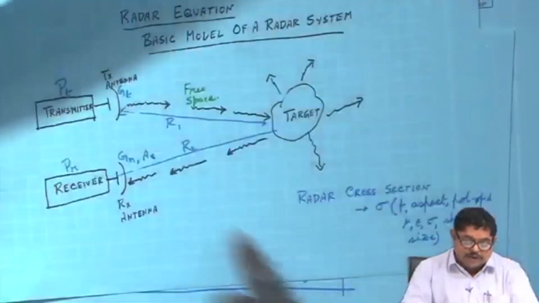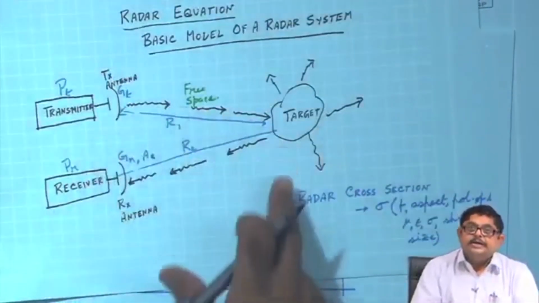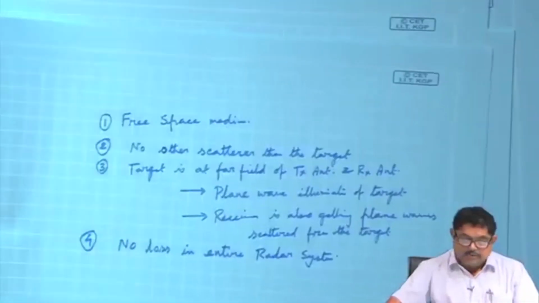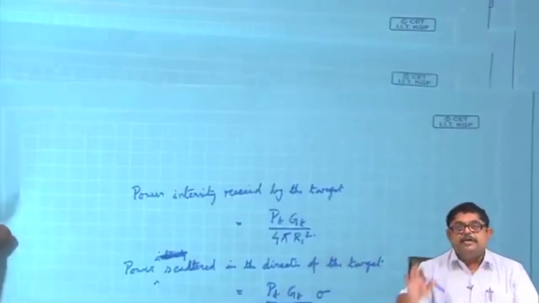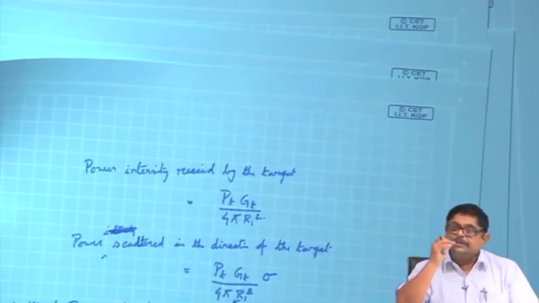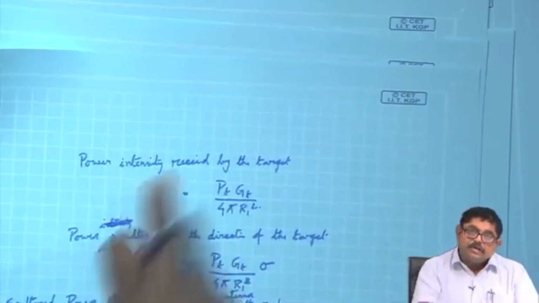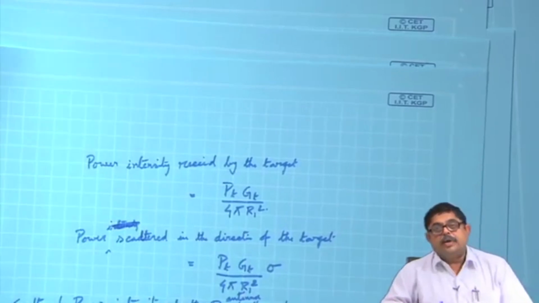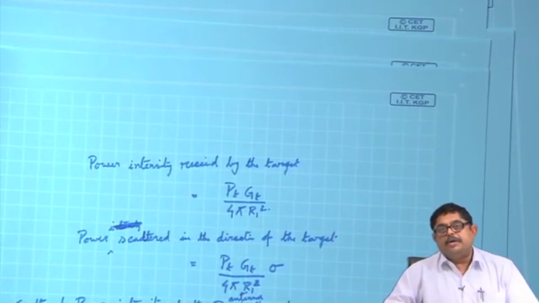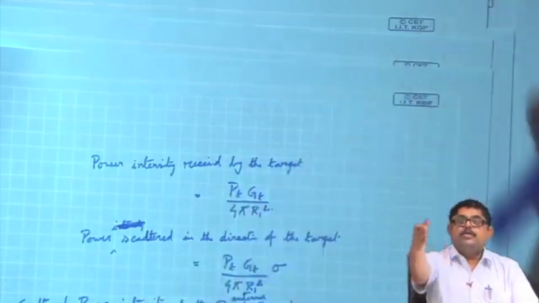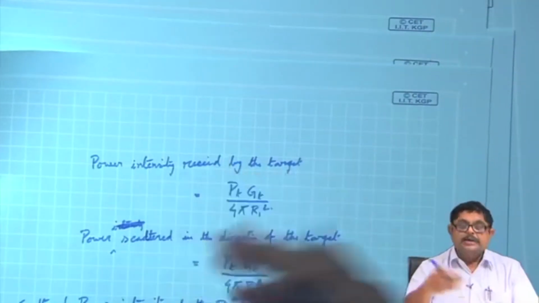But you see that if I write like this, there is a spreading loss, because that is why we are getting all these mathematical terms. Spreading loss is assumed in free space, because whenever a spherical wave goes, it has a spreading loss. That is why this 1 by 4 pi r1 square, 1 by 4 pi r2 square variation actually gives a loss, because as I go more and more, the power intensity is reduced.